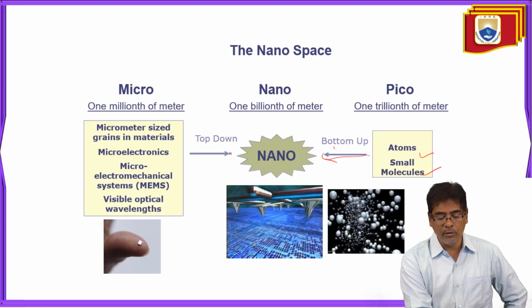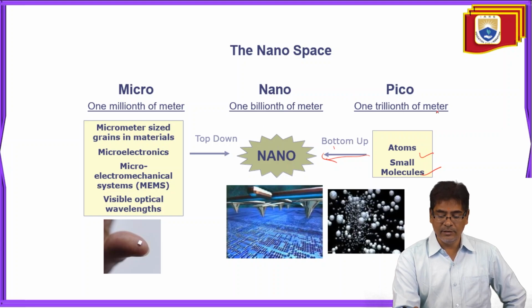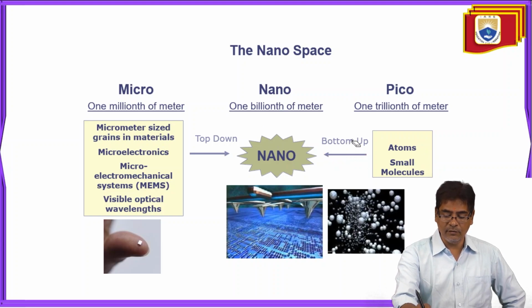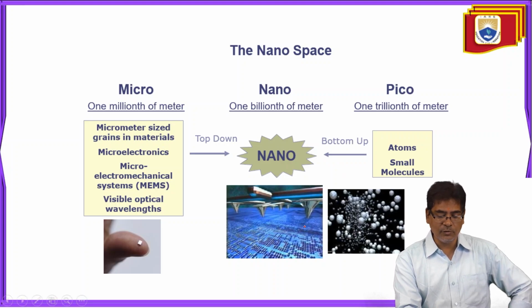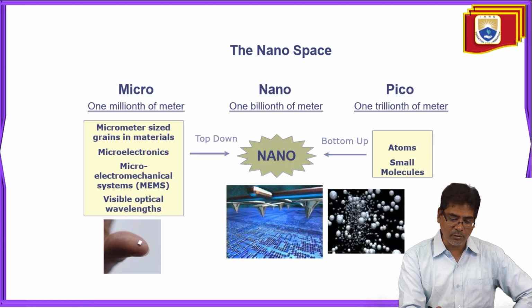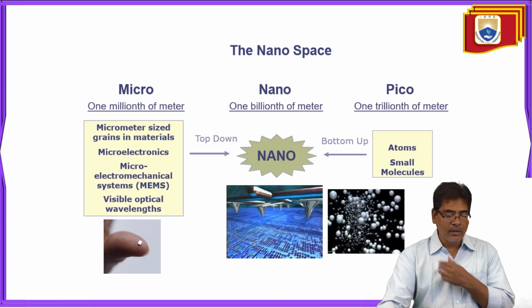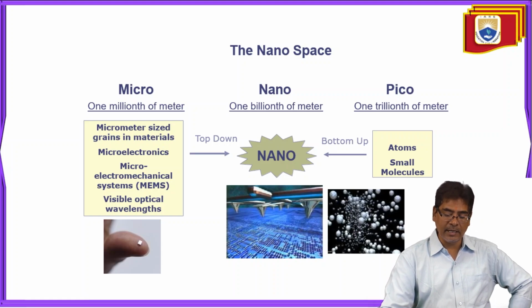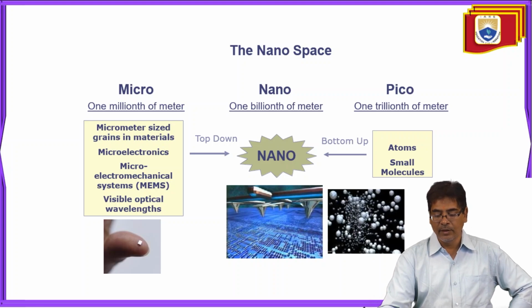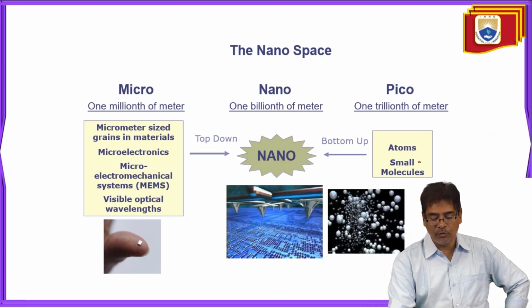With the top-down approach it comes to the nano stage, one billionth of a meter, and pico is one trillionth of a meter. So this is the overall nano space. Micro means one millionth of a meter, nano one billionth, and pico one trillionth, down to atoms and molecules.